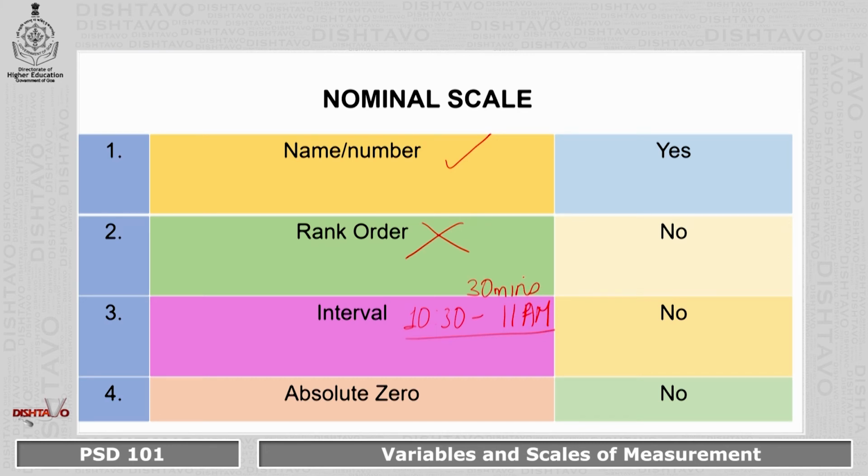Similarly, we may have another break from 1 p.m. to 1:30 p.m. So again, this nominal scale does not have any kind of interval. And finally, it does not have an absolute zero. That is, it does not have a zero at all.